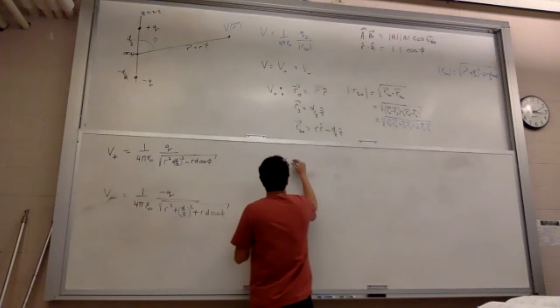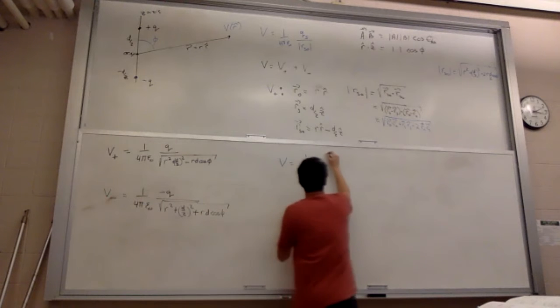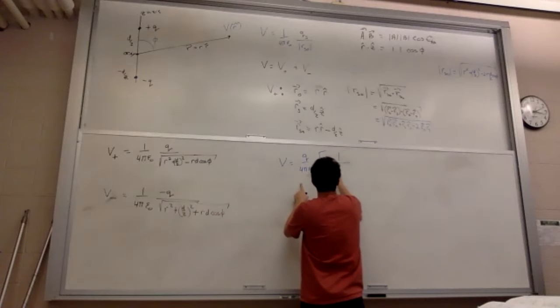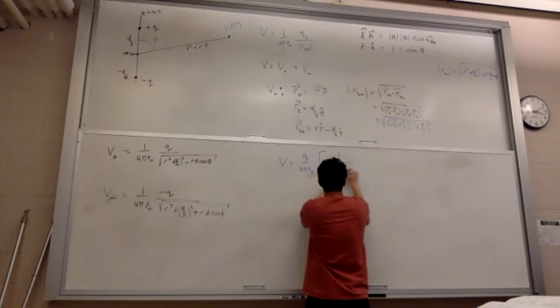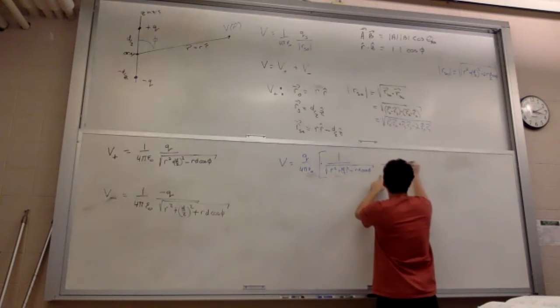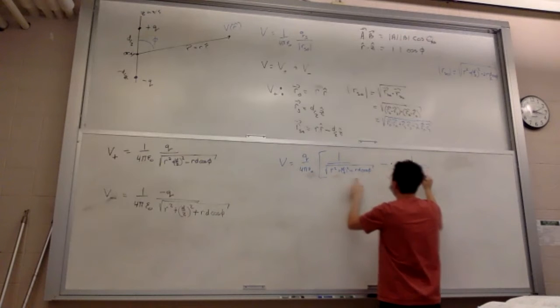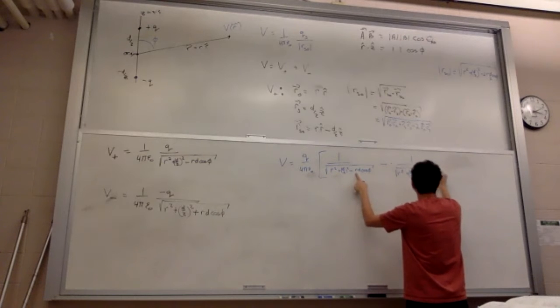All right, so 1 over 4 pi epsilon naught times q, and then 1 over the square root of r squared plus d over 2 squared minus r d cosine phi, minus 1 over the square root of r squared plus d over 2 squared plus r d cosine phi.